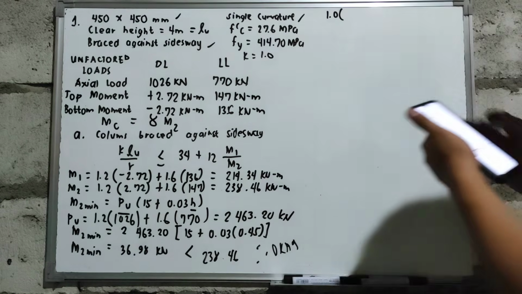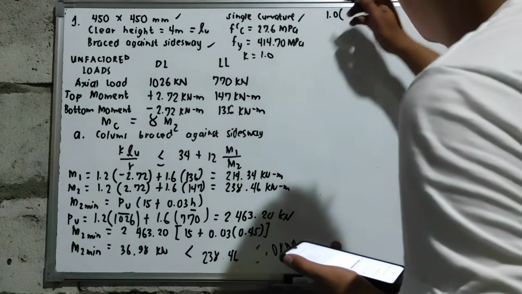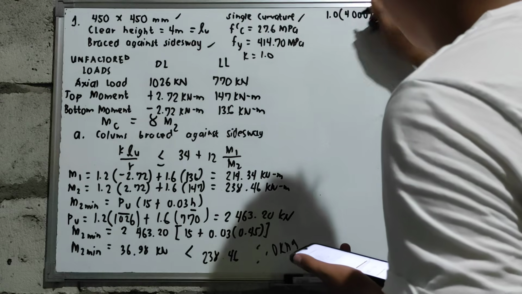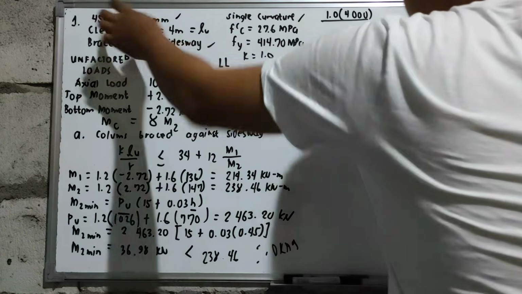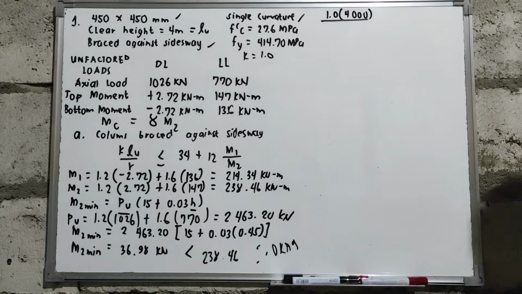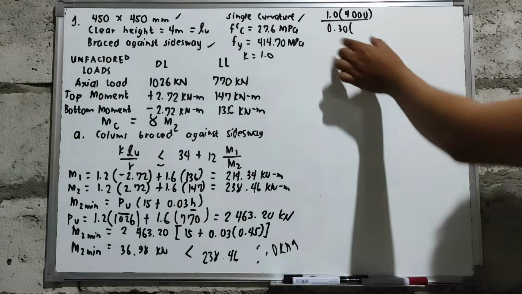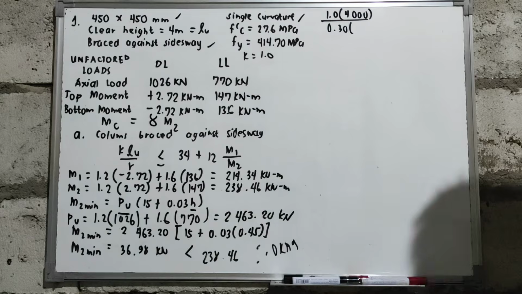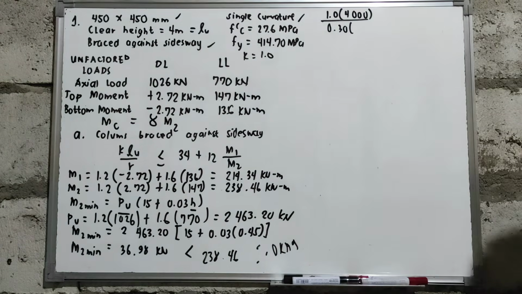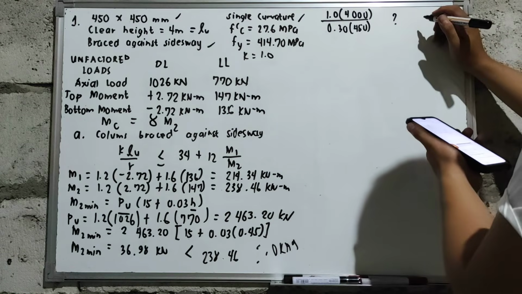Our L sub U, the given unbraced length, is 4 meters or 4,000 mm, over our r. Since we have a square column, that is 0.3 multiplied by h. For a square column it is 0.3 h, while for a circular column it is 0.25 h. So our h here is equal to 450. Then we compare that to the value.